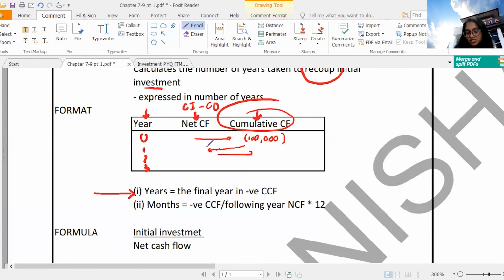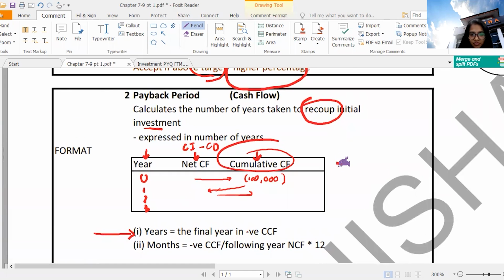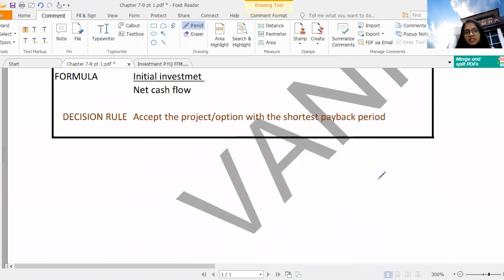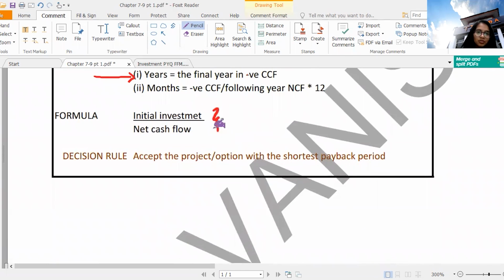Assuming your cash flow is constant, you can use the formula method, but this is for constant cash flow only. So this format is for non-constant cash flow, and this formula is for constant cash flows.